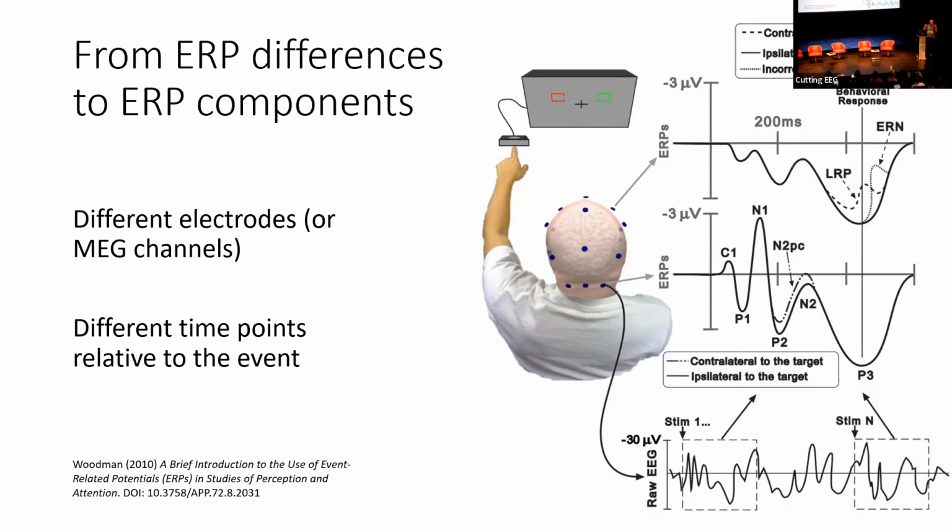So apparently there was a task and the subject had to press a button, and there's feedback given, which causes the subject to become aware of whether he has pressed the right button or not. So there's also an error-related negativity. So ERP components are parts of this ERP that we can link to very specific experimental contrasts in the experimental task.